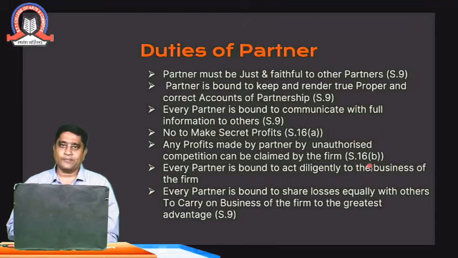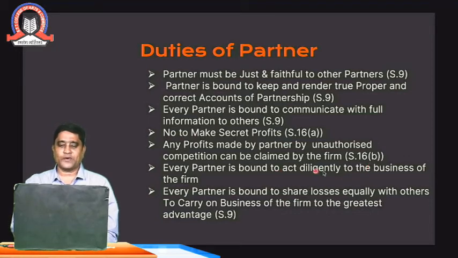So if any profit is made by a partner, that should be accounted for, and he should distribute the profits to the other partners. And if he is doing unauthorized competition, he is liable for that offence, as it is acting against the integrity of the firm.